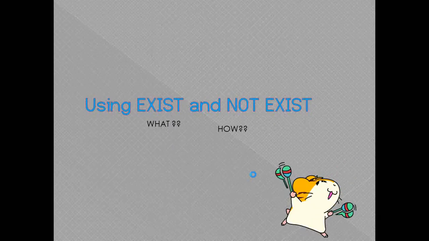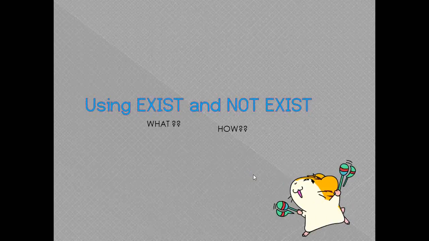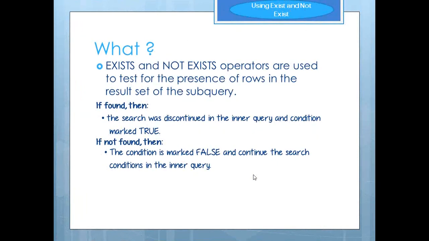Next is using exists and not exists. What is it and how? Exists and not exists operators are used to test for the presence of rows in the result set of the subquery. If found, then the search is discontinued in the inner query and the condition is marked true.